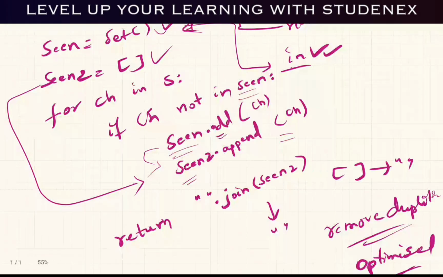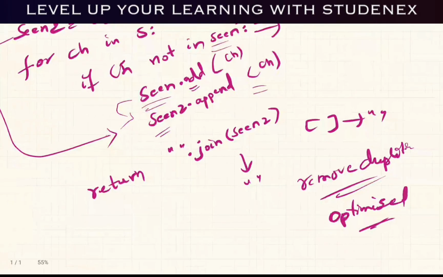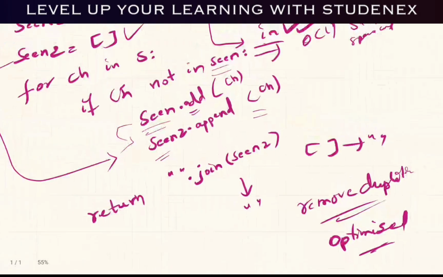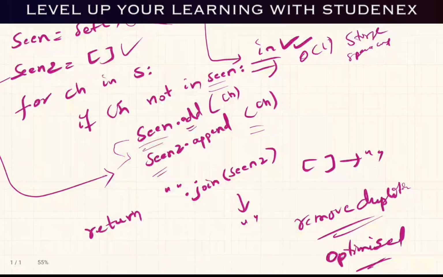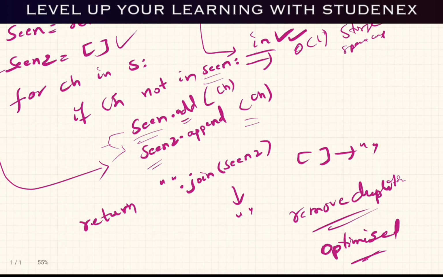I'll check that particular character in our set, which we access in O(1) time complexity. If the character is not in the set, I add it to the set and to the array also. At the end we just have the elements which did not appear twice or thrice.